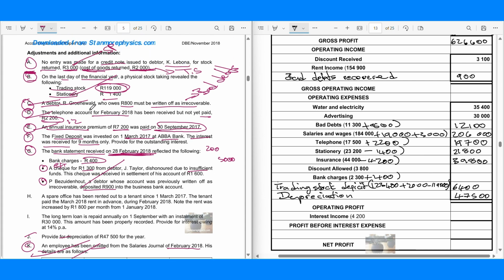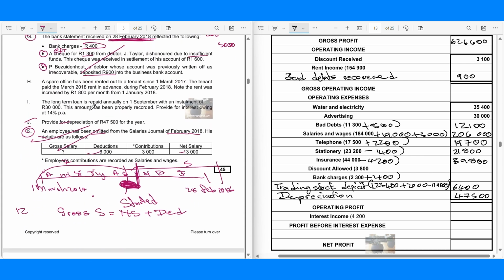Okay, let's do our rent. They are saying that a spare office has been rented out since 1 March 2017, meaning the beginning of the year. The tenant paid March 2018 rent in advance. So meaning that the rent was paid for 13 months.